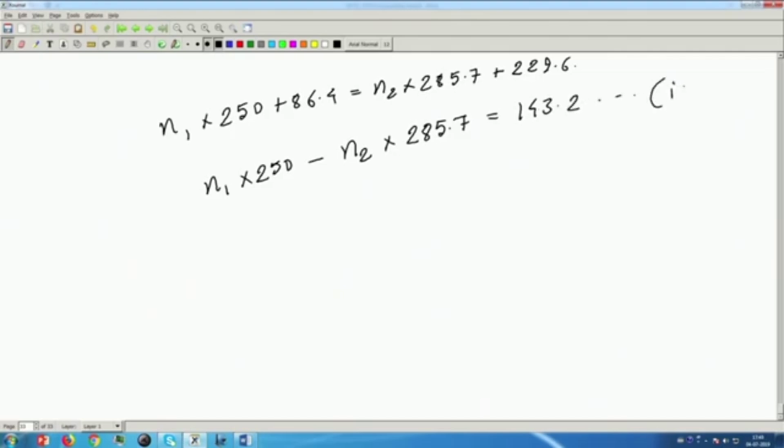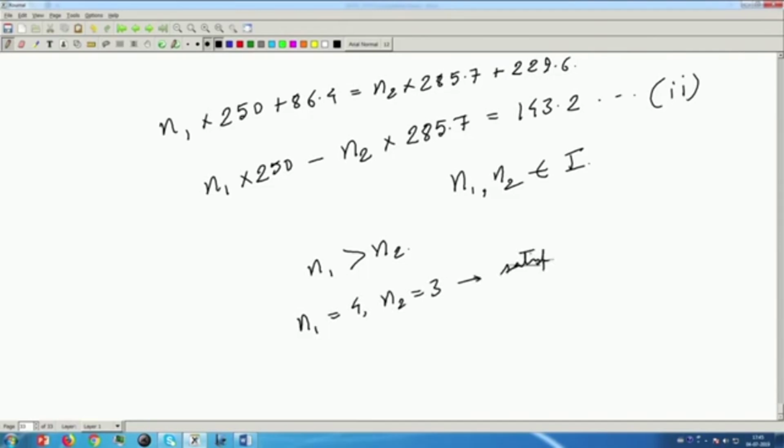This is my equation 2, and I know N1 belongs to integers. So, it is apparent from this equation that N1 is greater than N2. By trial and error, you can find that N1 is equal to 4, N2 is equal to 3 satisfies equation 2.